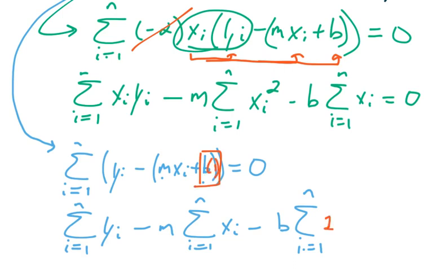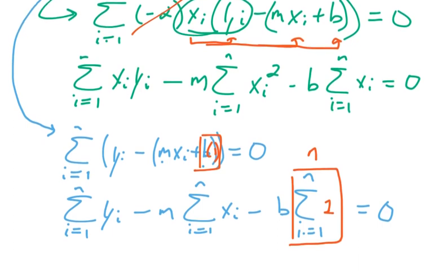So I'm adding up 1 to itself n times when I do this distribution. In other words, what is 1 plus 1 plus 1 plus 1, n times? It's just n. All right, so I'll let you wrap your head around all this. I kind of zoomed through this expansion, but make sure you follow this. Try to do this on your own without looking at what I just did, and make sure that you end up with the same thing.